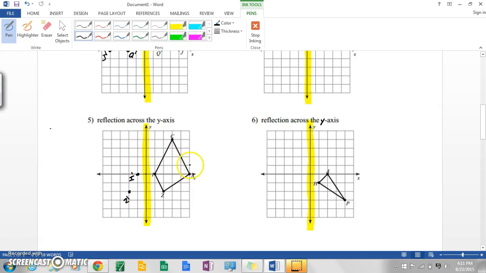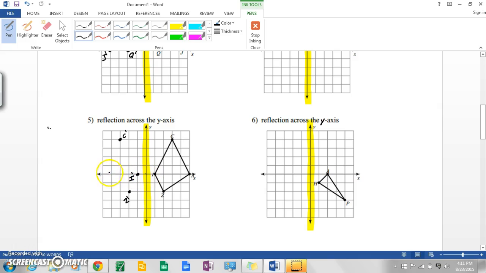I'm going to show you a slightly different way to count on this one, if this may help. You can also start at the point. So start at C, count over 1, 2, 3. Count that way. And then A, you see, is 1, 2, 3, 4, 5.